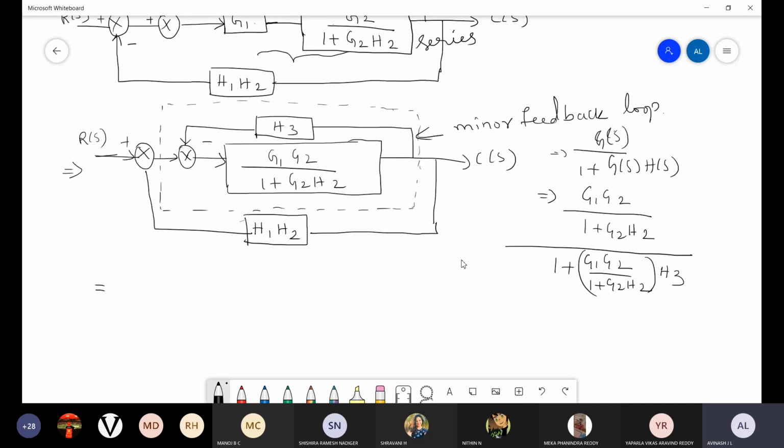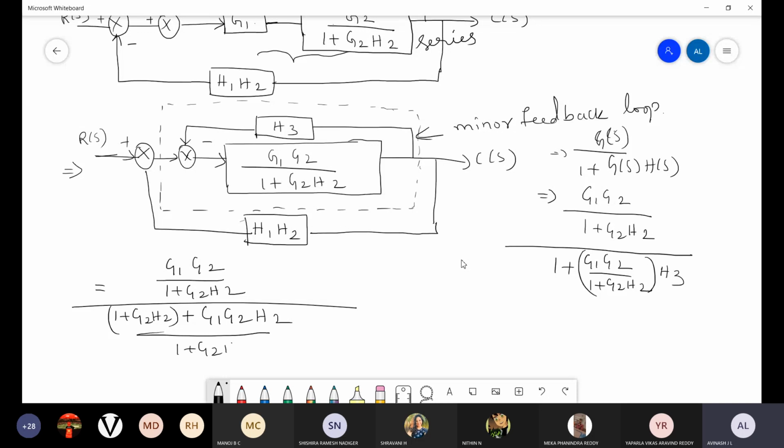So now this particular block value can be further reduced. I'll write it here. I'll take 1 plus G2H2 as the LCM. In the numerator, G1 G2 divided by 1 plus G2H2 will be there, whole divided by, so if you take the LCM, 1 will be multiplied with 1 plus G2H2 plus G1 G2 H3 divided by 1 plus G2H2.